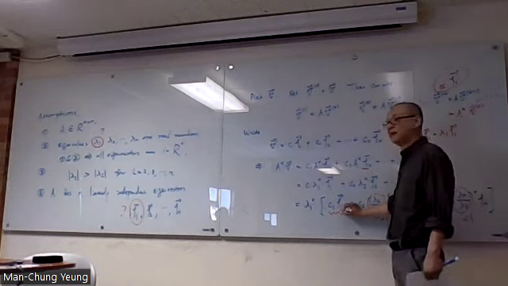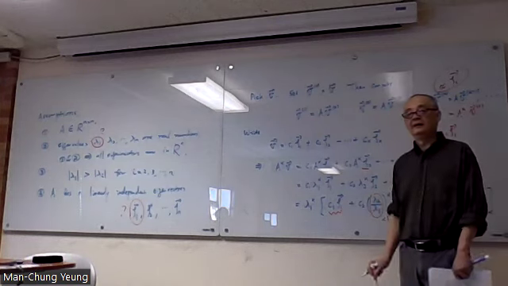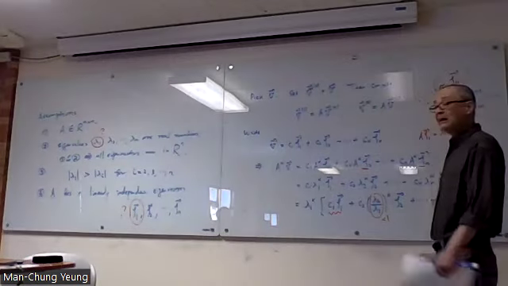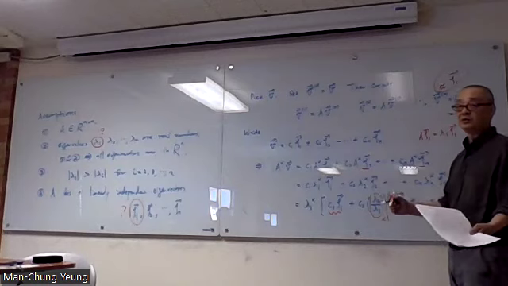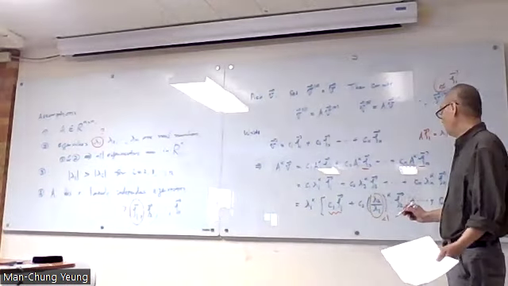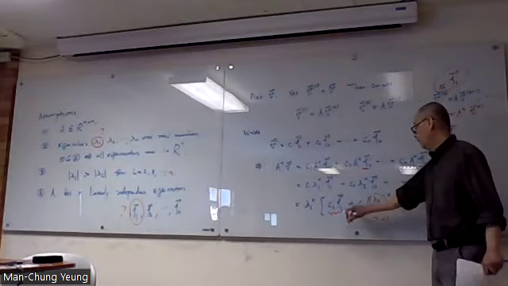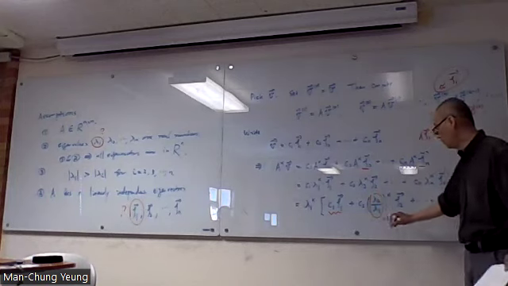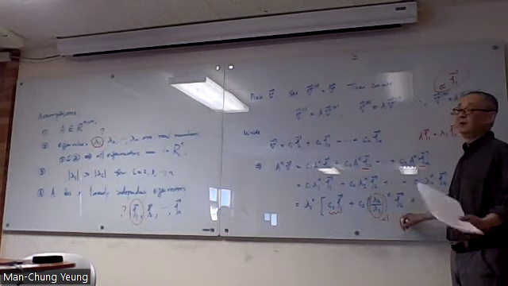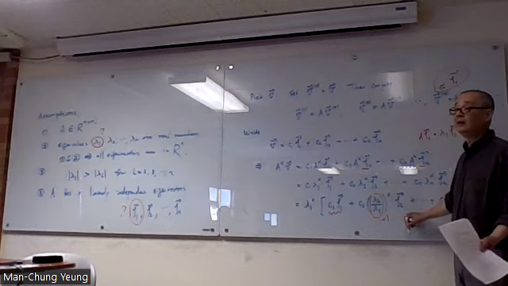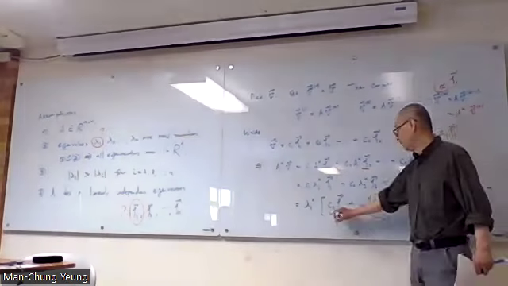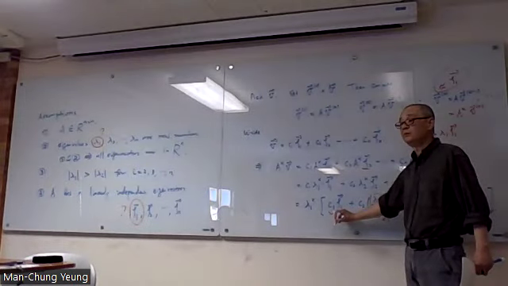It doesn't depend on k. So when k is very, very large, the second term is small. Do you agree? All the other terms are small. So this term dominates.